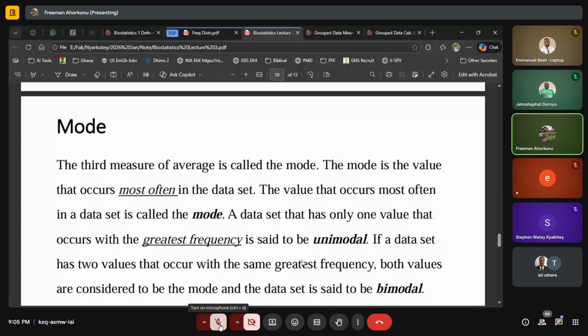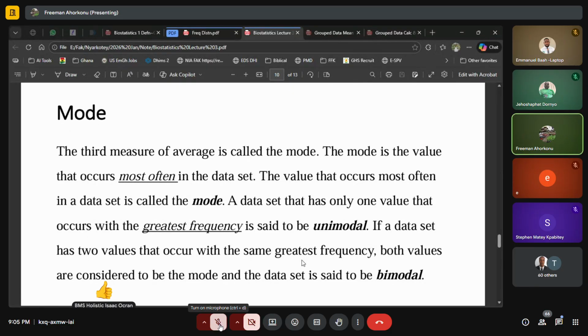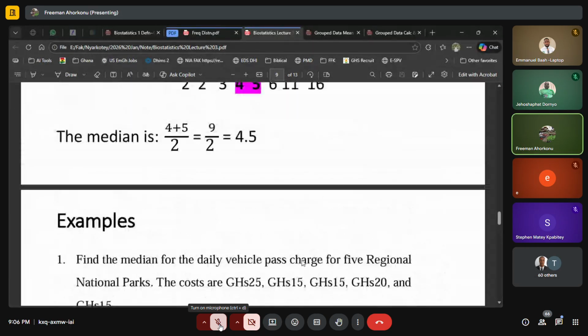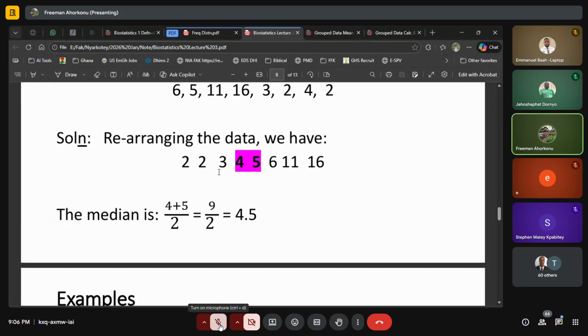Mode. The mode is the value that occurs most frequently in the data set. If we have a data set, when you look at this one, every number occurs once except 2. 2 has occurred twice.